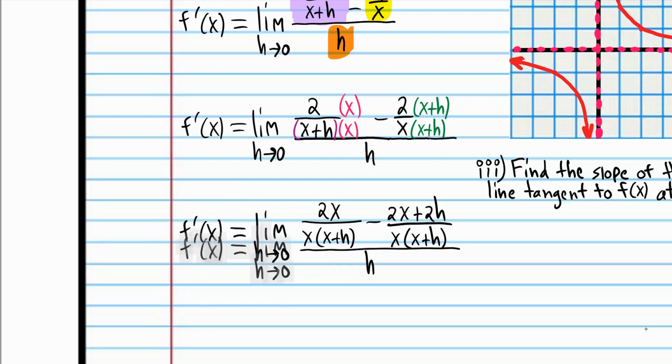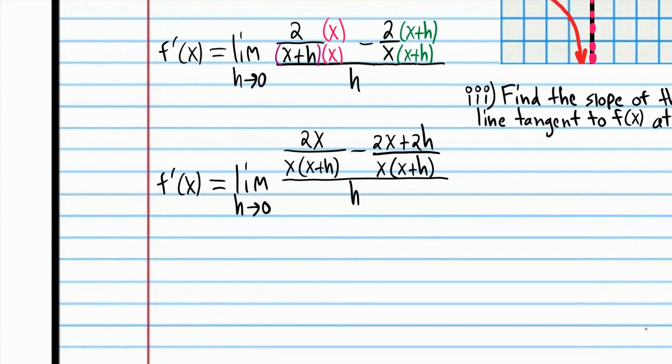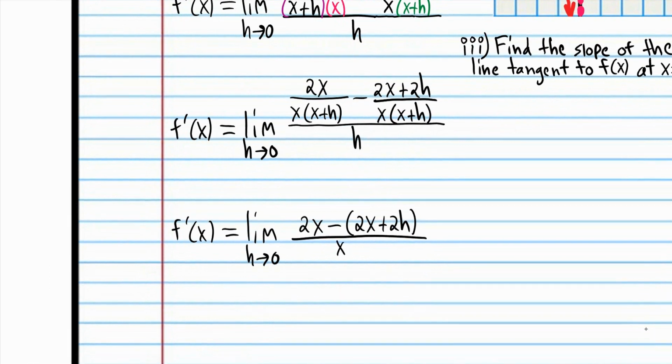I'll move this down a little bit. So now that we have a common denominator, we can go ahead and combine those fractions. So we have 2x minus 2x plus 2h all over x times x plus h, and all of that is over h.